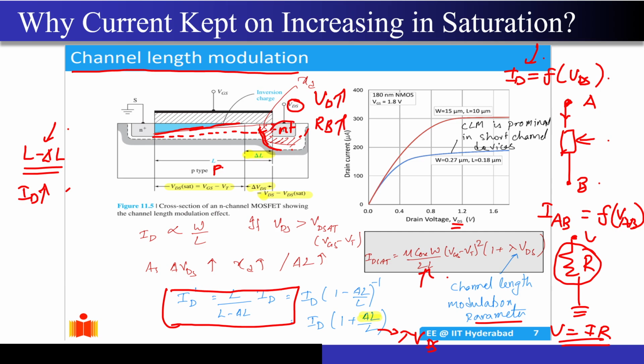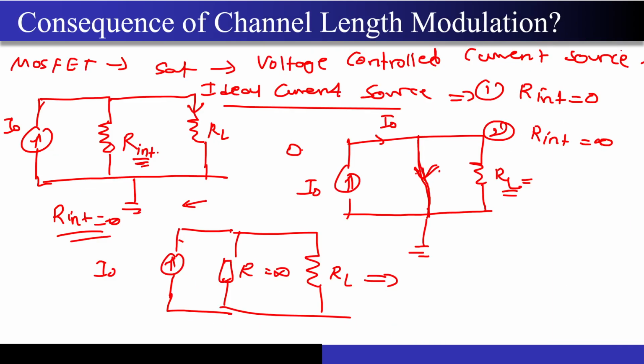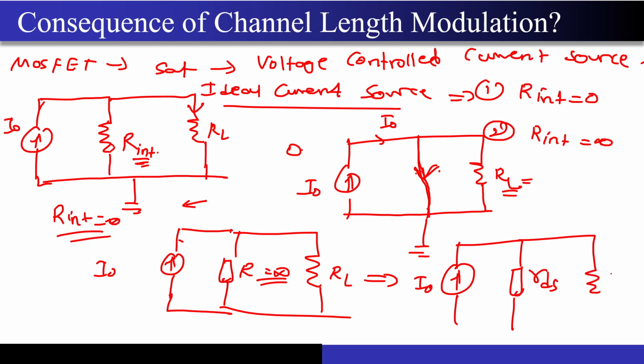Current was flowing between the drain and source, and now current is becoming a function of the voltage applied at the drain and source. So this also has the characteristic of a resistor. So the resistance that was infinite over here is not infinite anymore. This is RDS, the drain to source resistance, and now I have an RL over here, correct?